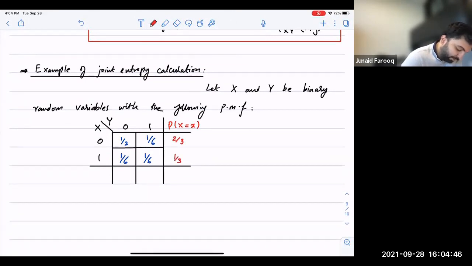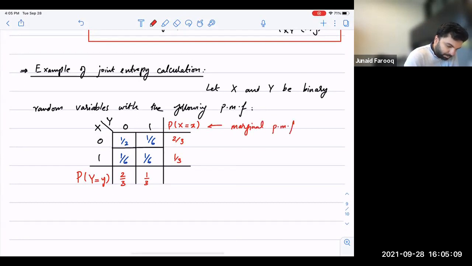On the other side, if we collapse the X dimension, we'll get Y equals y, and sum over the columns, so it's 2/3 and 1/3, right? And if you sum all of them, both the marginals, you will get 1. So this is the marginal PMF of X, and this is the marginal of Y.